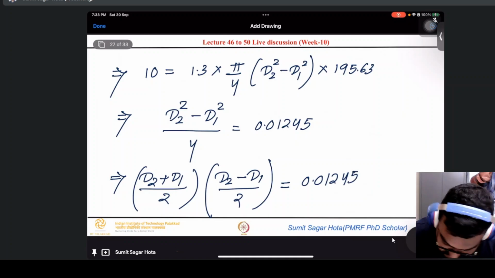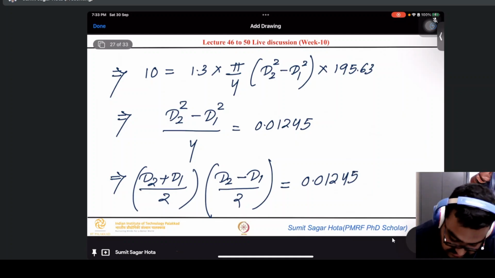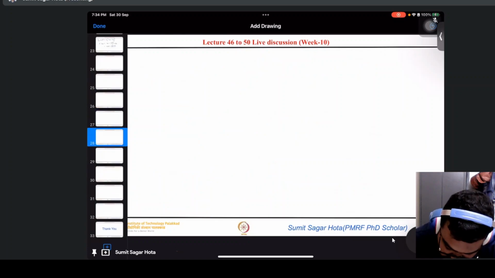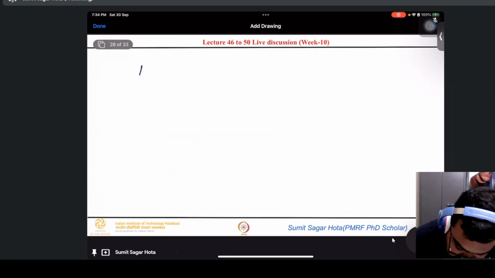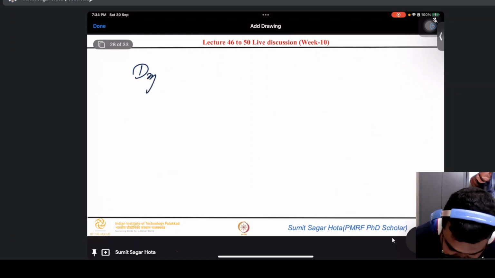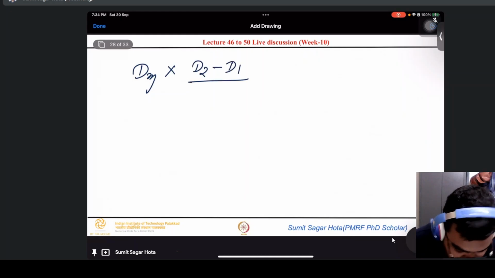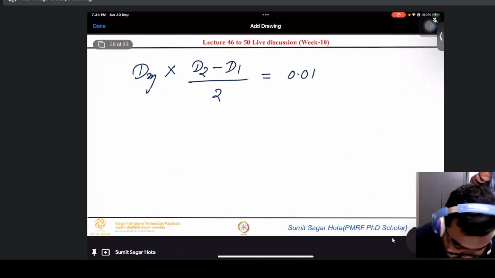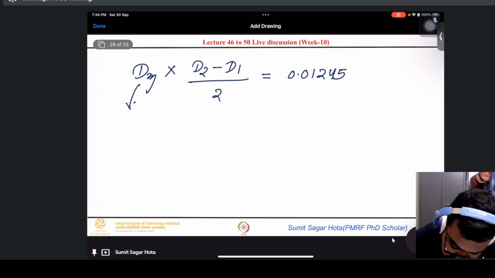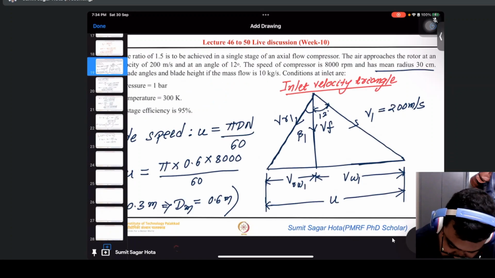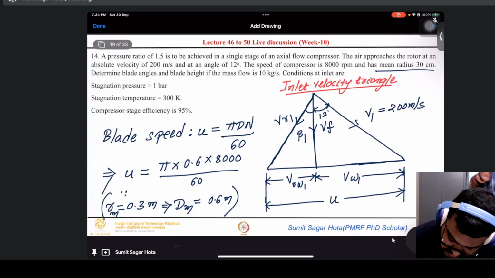Yes or no? So what is d2 plus d1 by 2? That is dm, the mean diameter, into d2 minus d1 divided by 2, is equal to 0.01245. So what is dm? 0.6, we found out from the beginning.